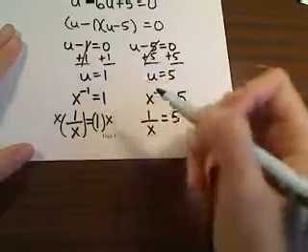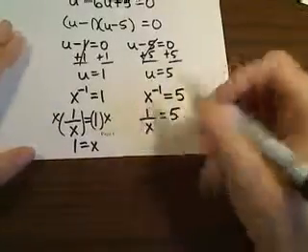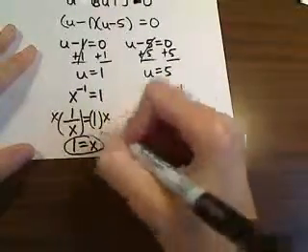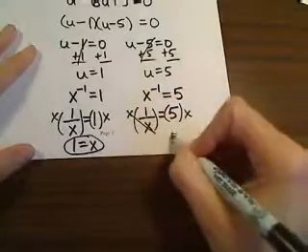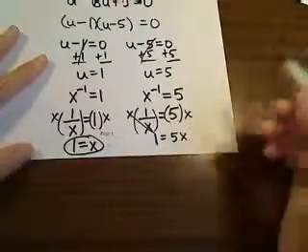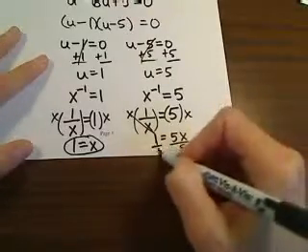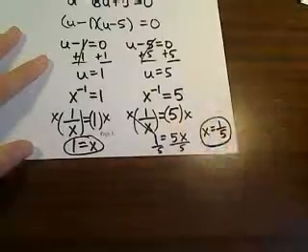Let's multiply both sides by x. So I get x equals 1 here, and that's one solution. If I multiply by x on this side, then I get 5x equals 1. And if I divide by 5, then I'm looking at x equals 1/5, and that would be our other solution.